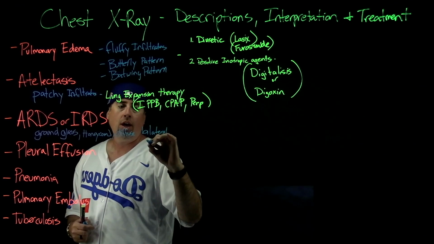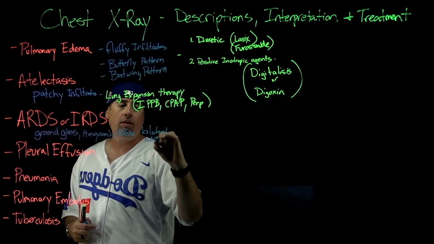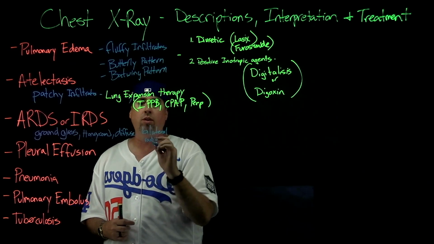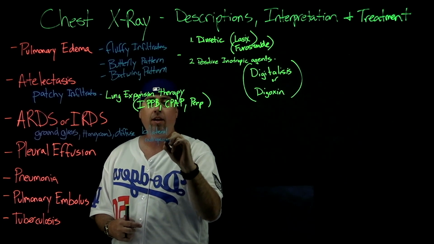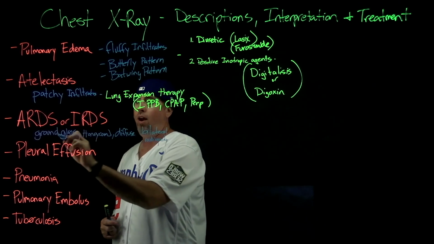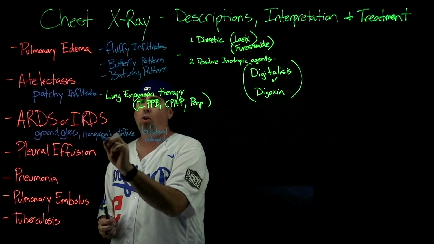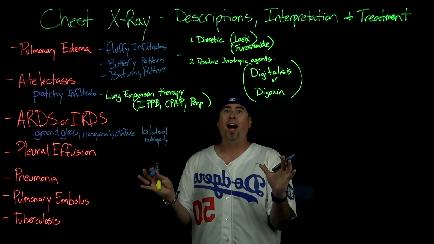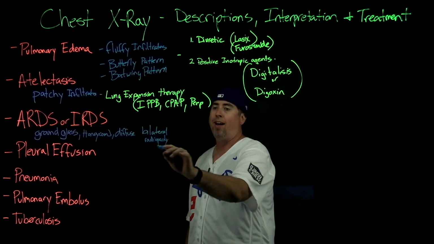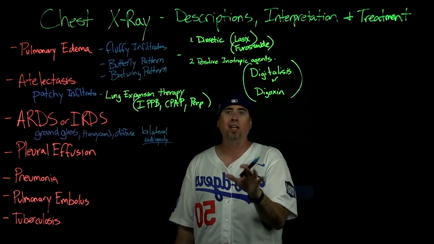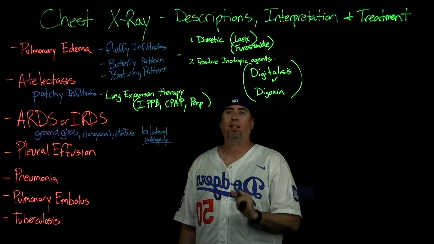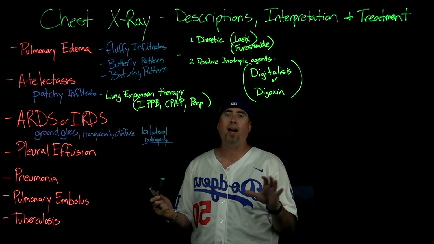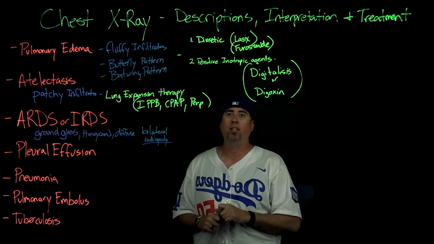And then this one, radio opacity. Remember, if you watch video 1, you'll know about these terms, diffuse and radio opacity. That means you can't see through it, right? ARDS, honeycomb. If you go watch that video, you'll see what that honeycomb or that complete whiteout looks like, right? Bilateral, radio opacity. Radio opaque. You can't see through. Key terms: ground glass, honeycomb, diffuse bilateral, ARDS or IRDS, guys.